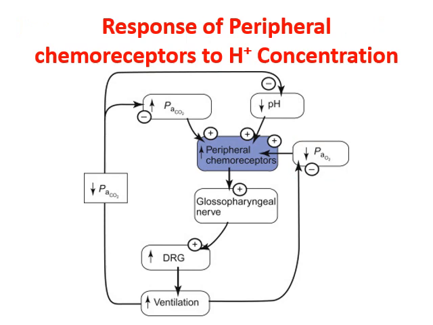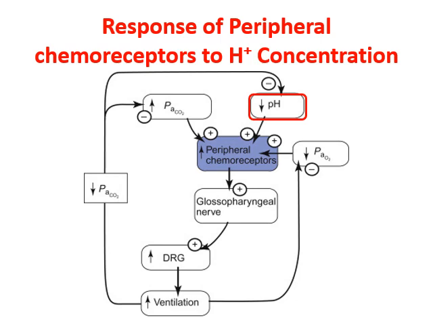Now, what is the response of the peripheral chemoreceptor to the hydrogen ion concentration? Well, changes in the arterial hydrogen ion concentration due to causes other than an increase in the partial pressure of carbon dioxide, that's to say the causes of metabolic acidosis, affect the peripheral chemoreceptor.